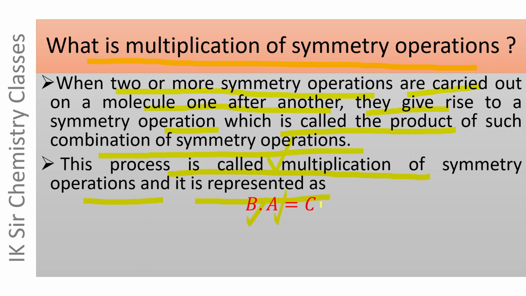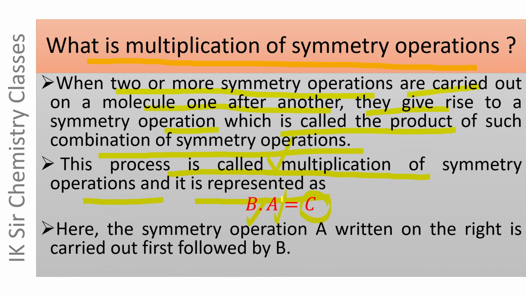As a result, it gives rise to a symmetry operation C, which is called the product of symmetry operations A and B. Here, the symmetry operation A, which is written on the right hand side, is carried out first, followed by B. It means the symmetry operation which is written on the right hand side is carried out first, followed by the symmetry operation which is written on the left hand side, and C is the product of symmetry operations A and B. And this process is called multiplication of symmetry operations.